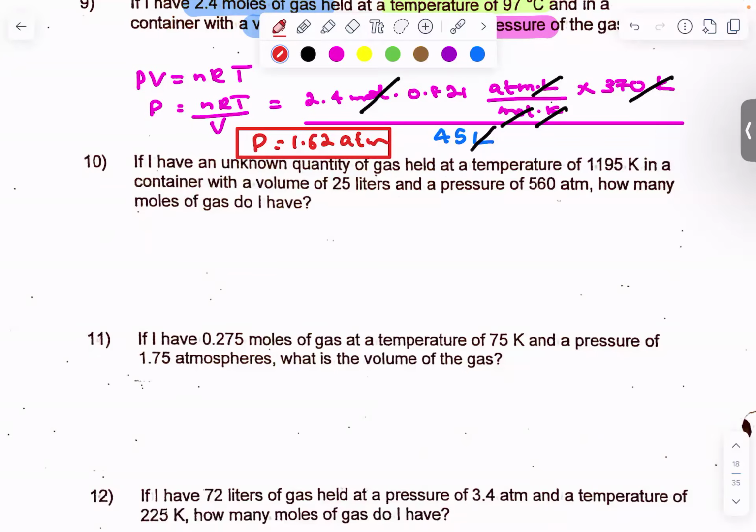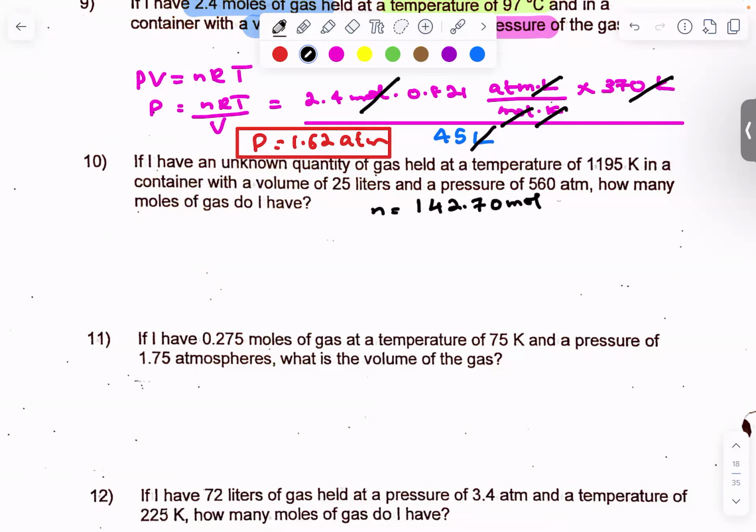I think I'm getting a different answer. What is your answer? Tell me. Say it again. 142.70 moles.